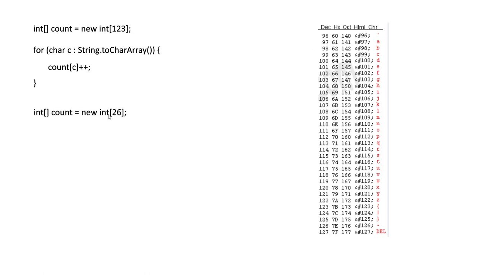Another way to do this, which is maybe a little bit cleaner, is to just do a new int of 26, for the 26 letters in the alphabet, and do the same thing: go through each character, and then you can do C minus the character A. So if you have A, you get 97 minus 97, which is 0, the first index for the letter A. That's a little bit cleaner, but these are just numbers behind the scenes.